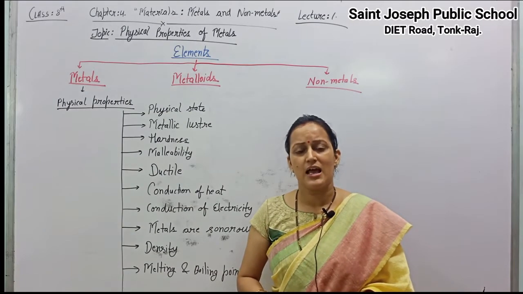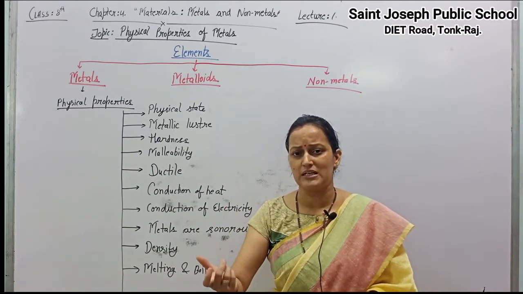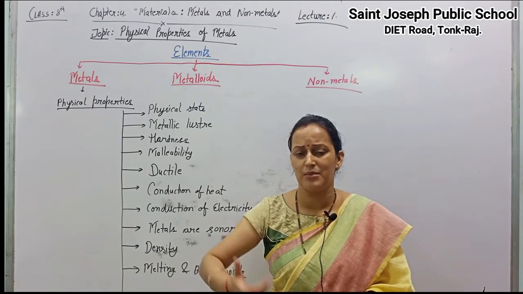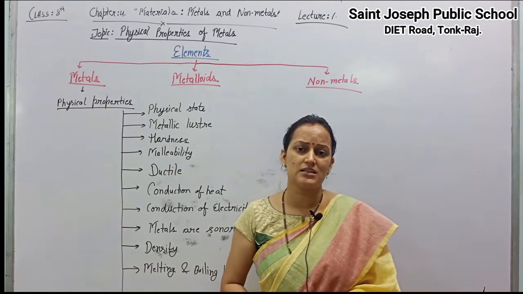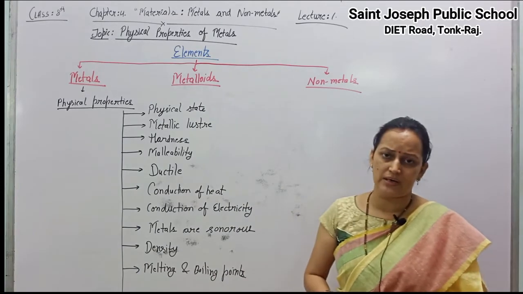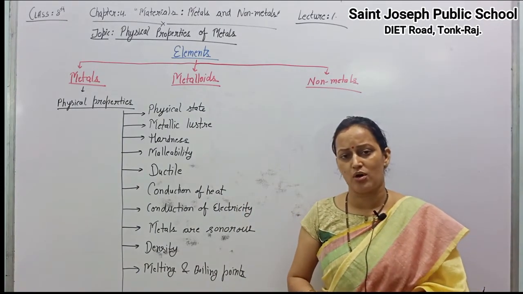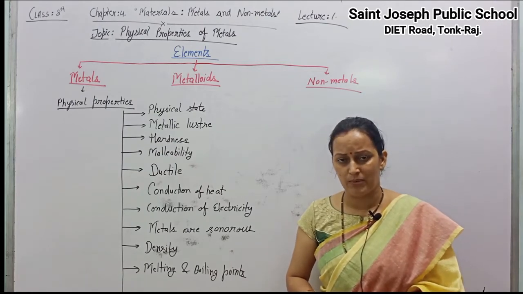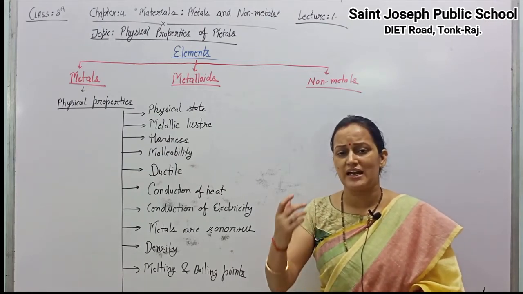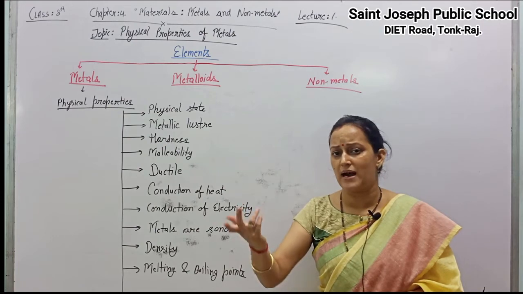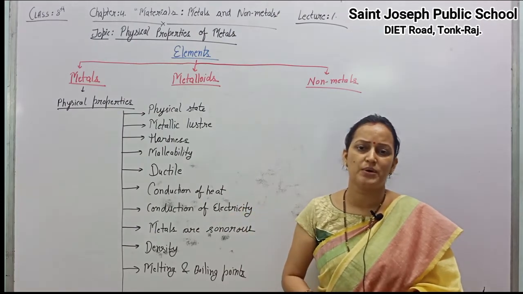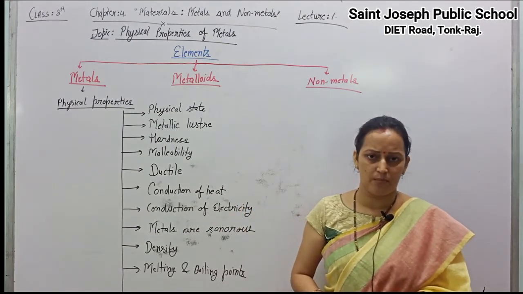And these metals have certain properties, some physical properties and chemical properties. तो बात करते हैं कि what physical properties these metals have. इन metals की physical properties कौन कौन सी होती हैं? Those properties which can be detected from outside, जिसको हम बाहर से check कर सकते हैं. Those properties are called the physical properties.